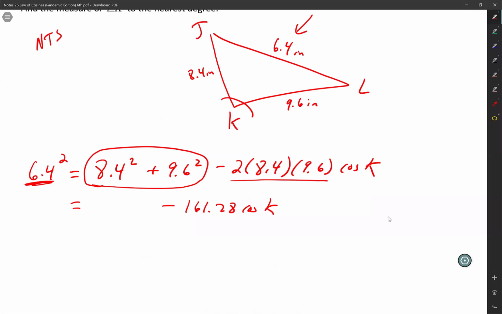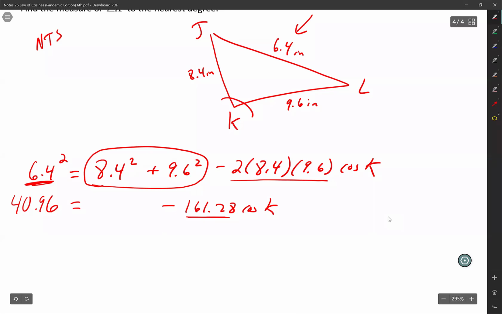All right. What was 6.4 squared, guys? I think I saw it on the chat screen, but it disappeared. Can you unmute yourself and just say it real quick, please? 40.96. Oh, you got it. Okay. And then what was the 8.4 squared plus 9.6 squared?